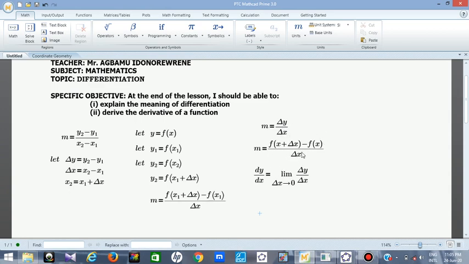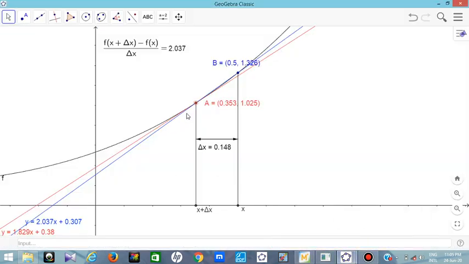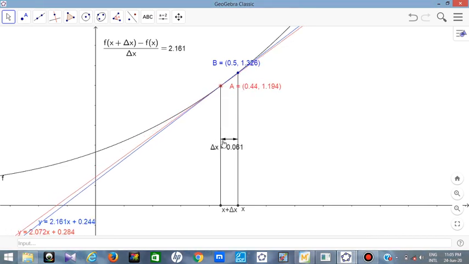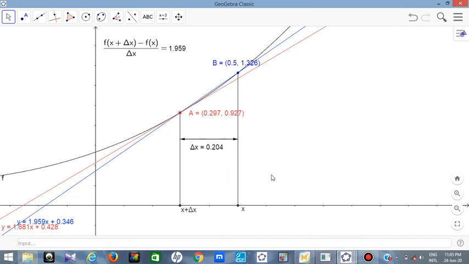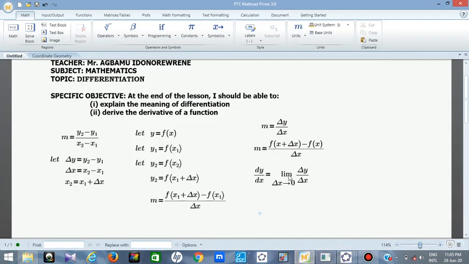The next thing is, when delta x approaches 0, you can see from the graph I demonstrated the other day, as you are changing the position of the first point A towards B, delta x is approaching 0. So that is what this limit is talking about.